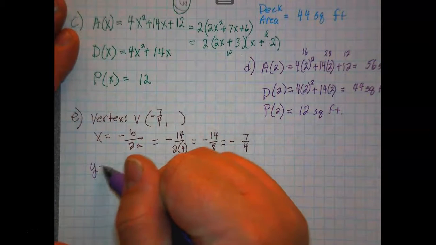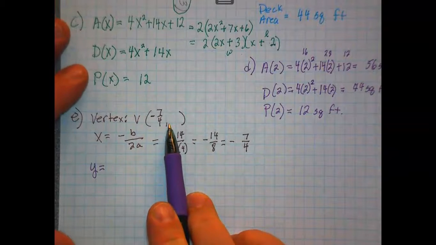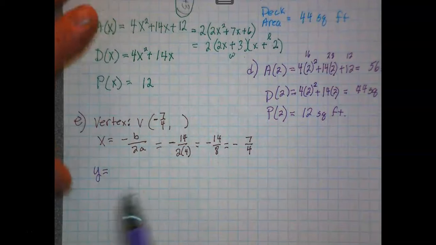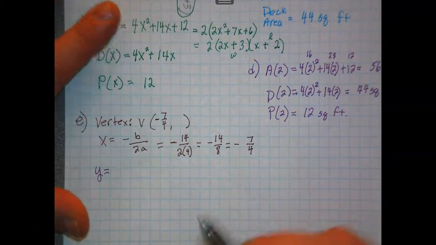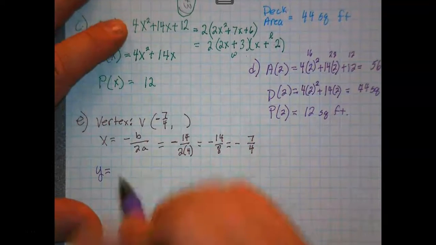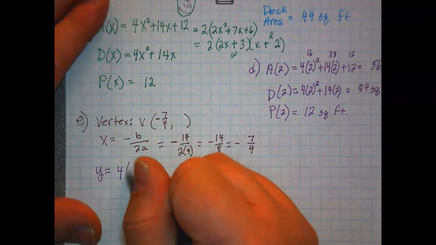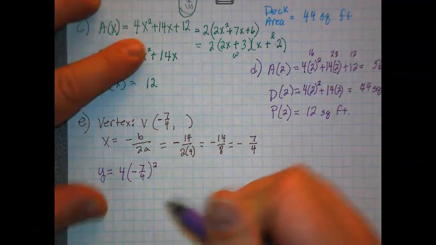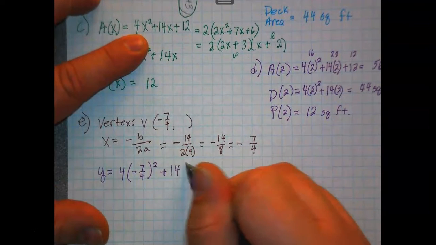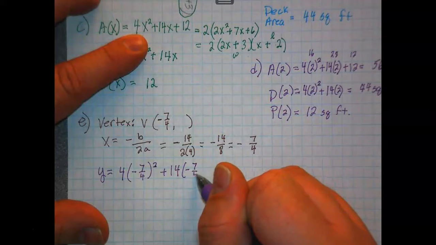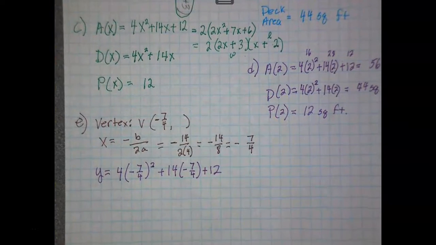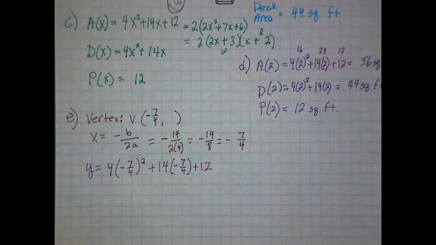I got to find my y, right? So for x, I'm going to plug in negative 7 fourths. You talk about fun math. 4 times negative 7 fourths squared plus 14 times negative 7 fourths plus 12. I would plug that into a calculator.